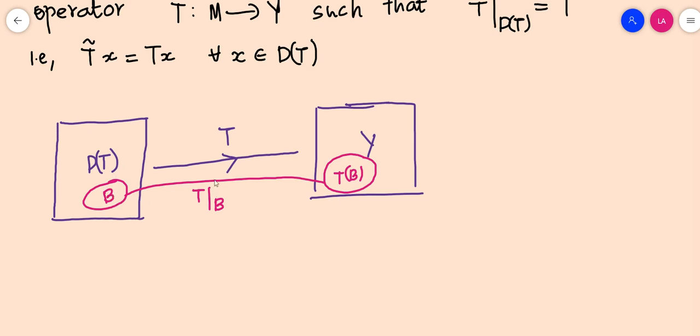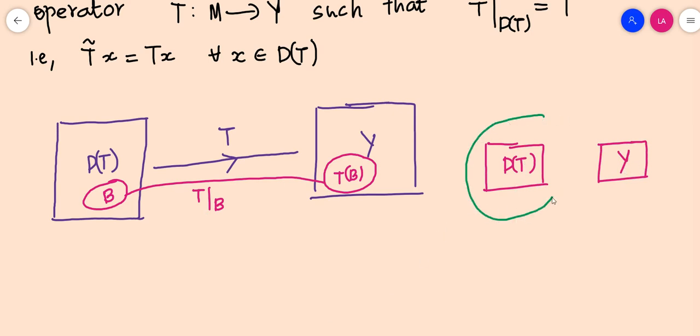And then this is the restriction. If this is the restriction, then T can be called the extension of T restricted to B. Or in other words, if you are defining a function from some D of T onto Y, and if you take a superset of D of T, this is actually a superset which is called M.